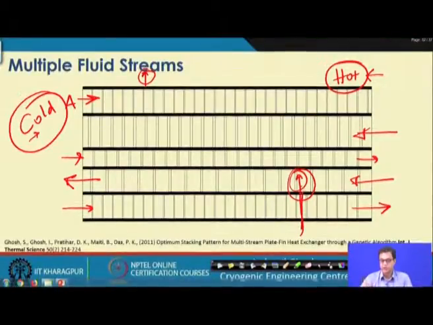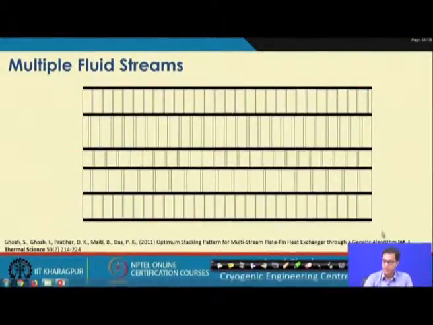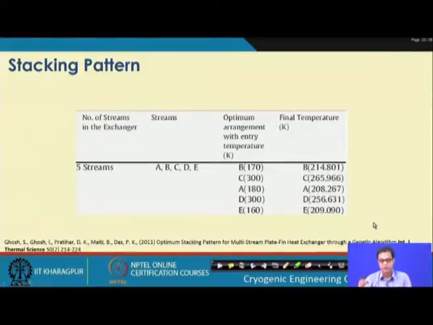Or we may have to put it at some intermediate locations. Otherwise, if we keep this option aside for the moment, that we are not having intermediate entry and exit, but we clearly have some fluid streams where we can distinguish that this is a hot stream and this is a cold stream, how are we going to arrange them to have an optimum layer stacking pattern? Let us look into that first, and we will try to show it with an example.